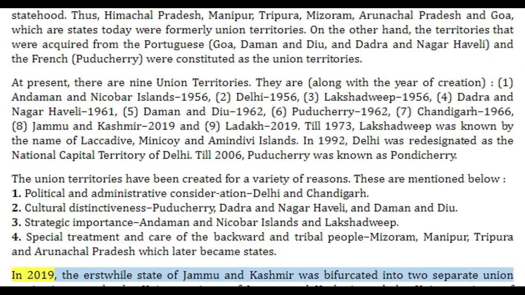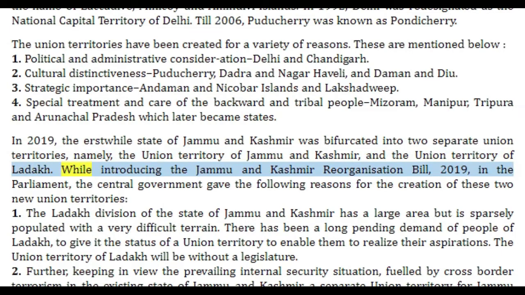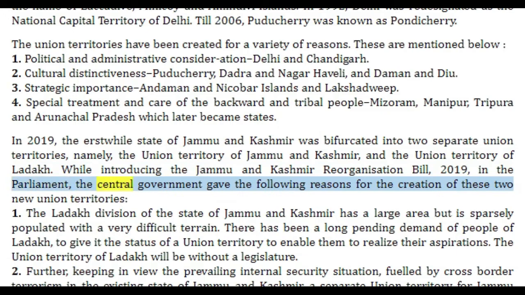In 2019, the erstwhile state of Jammu and Kashmir was bifurcated into 2 separate union territories, namely the Union Territory of Jammu and Kashmir and the Union Territory of Ladakh. While introducing the Jammu and Kashmir Reorganization Bill, 2019, in the Parliament, the central government gave the following reasons for the creation of these 2 new union territories. 1.